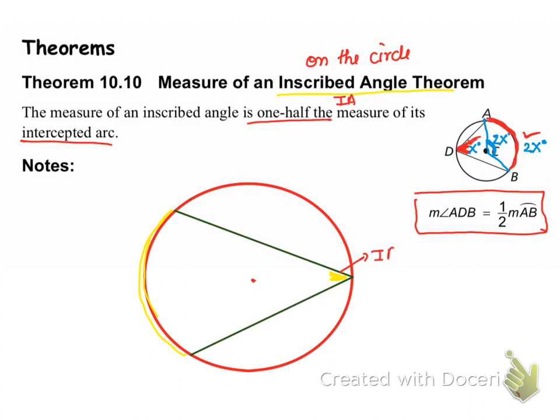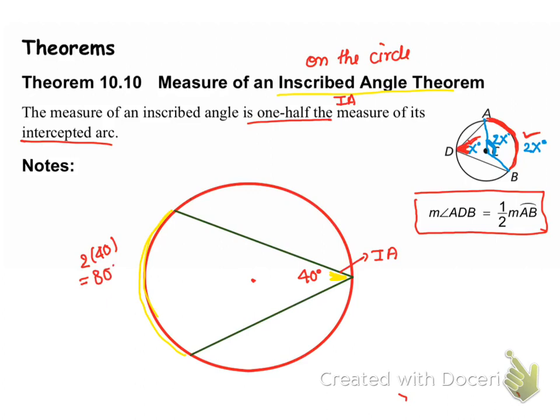Suppose I say this is 40 degrees, and I have to find how much the intercepted arc is. This is 40, so the arc is going to be twice 40, that's going to be 80. That's always double.